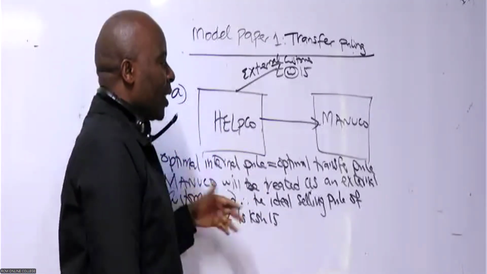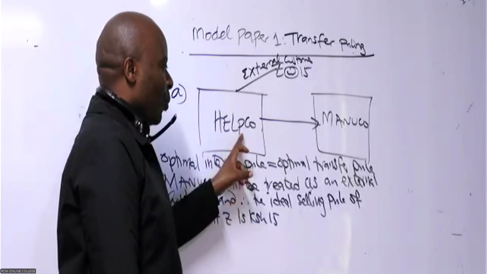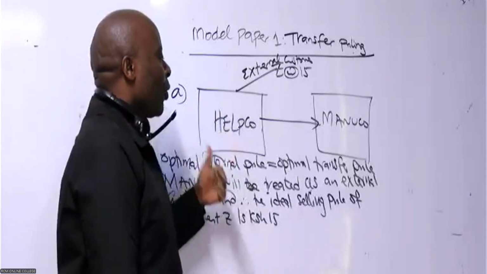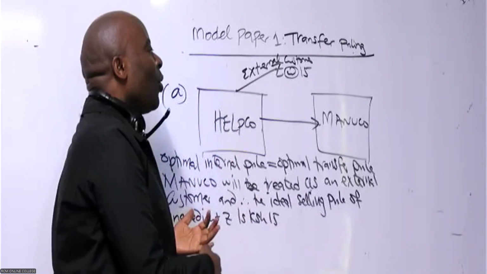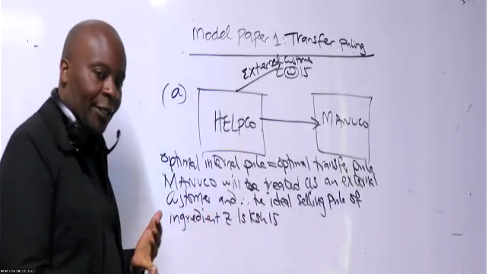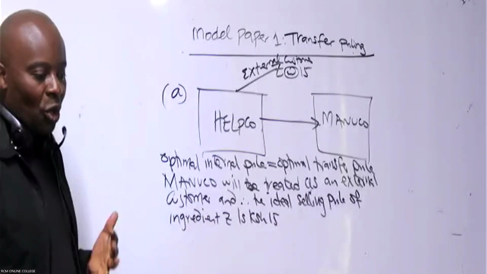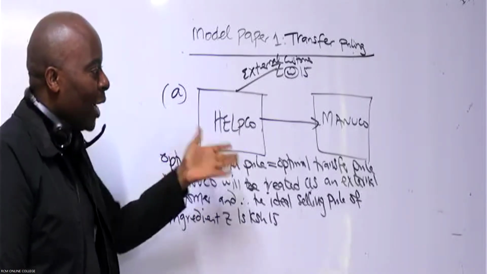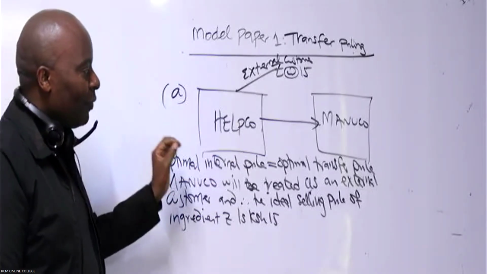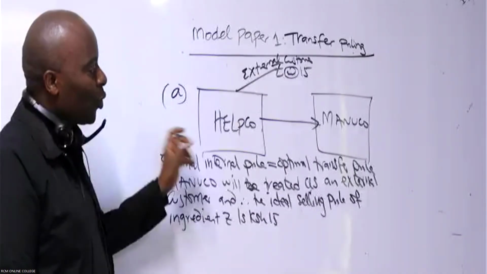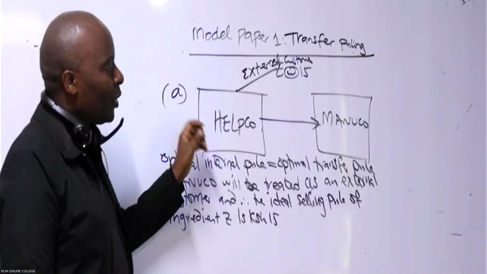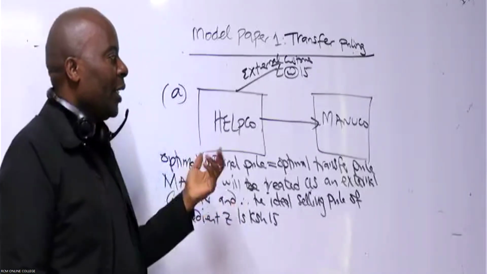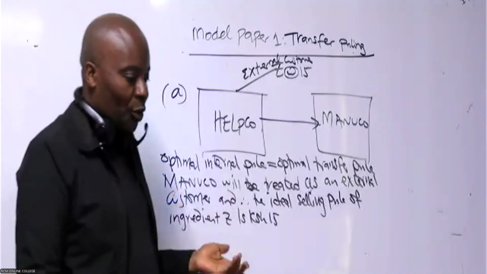Such savings shall reduce this price, because remember, ladies and gentlemen, if HelpCo is to sell internally, they will not incur any advertisement cost. So there shall be some savings to be made for transfer pricing internally. For instance, we are told in this question that if HelpCo decides to sell to Manuko internally, they will not incur any packaging cost.